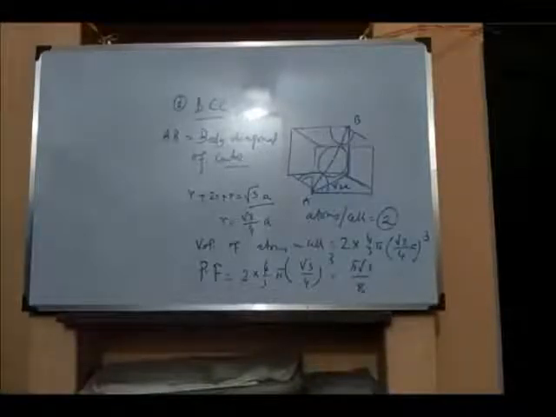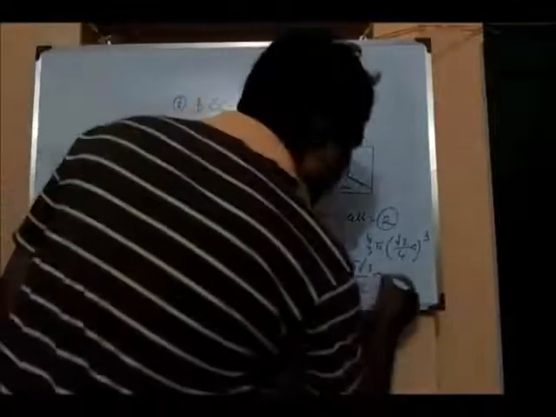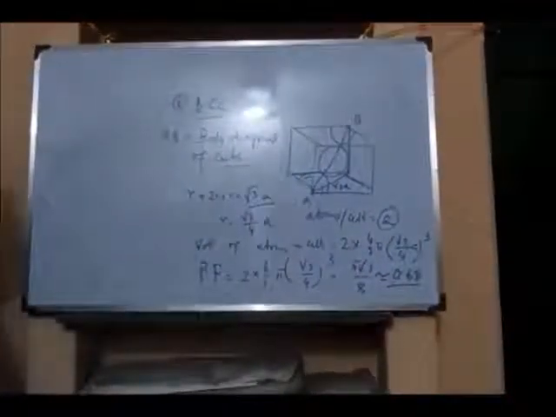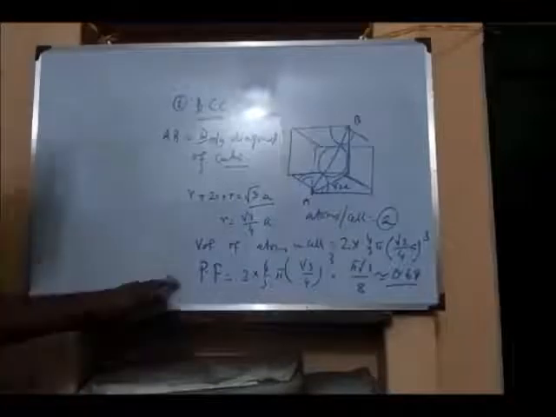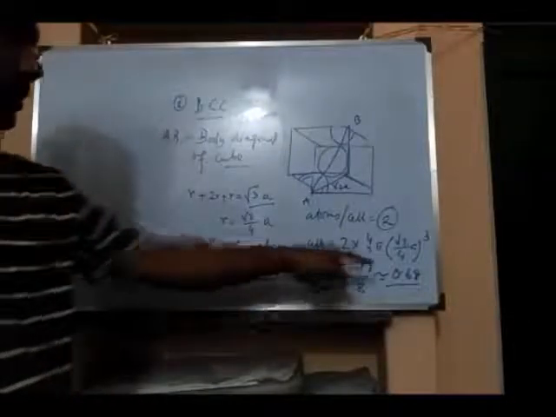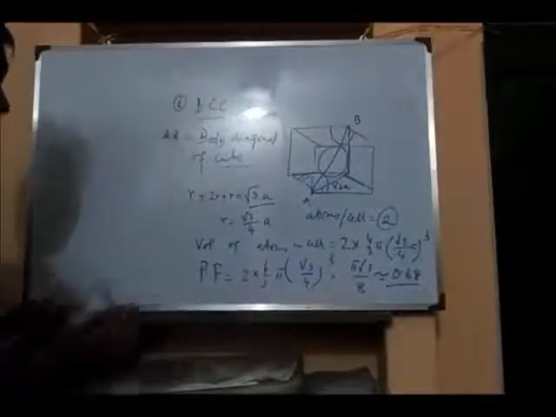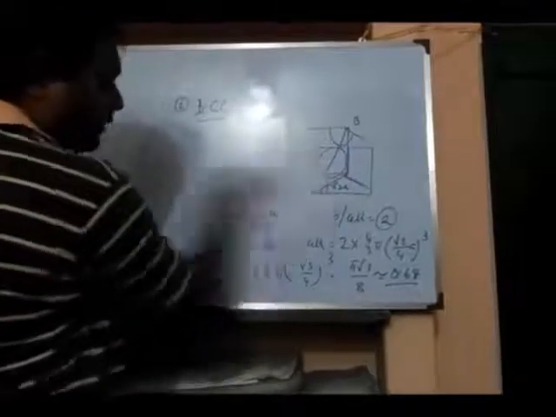Right? And the value of pi root 3 by 8 is almost 0.68. So the packing factor of body centered cubic is 0.68.